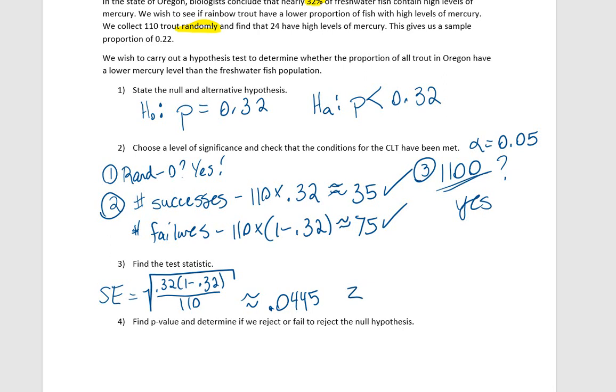Then the z-test statistic would be 0.22, that was our sample proportion that we found, minus 0.32, divided by that 0.0445, and that would end up equaling negative 2.25.